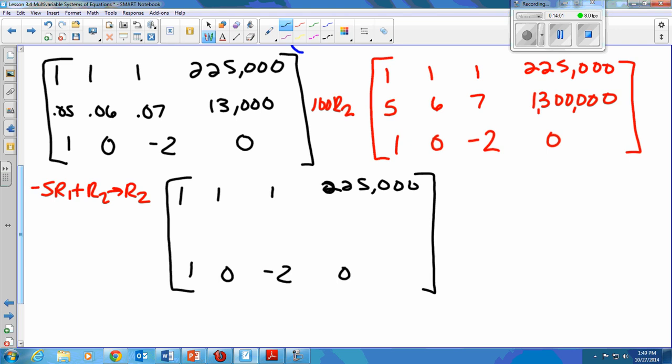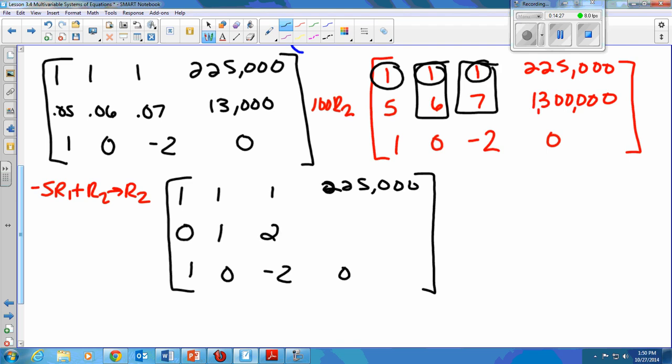So negative 5 times 1 is negative 5. Negative 5 plus 5 is 0. Negative 5 times 1 is negative 5. Negative 5 plus 6 is 1. Negative 5 times 1 is negative 5. Negative 5 plus 7, 2. Now, negative 5 times 225,000.